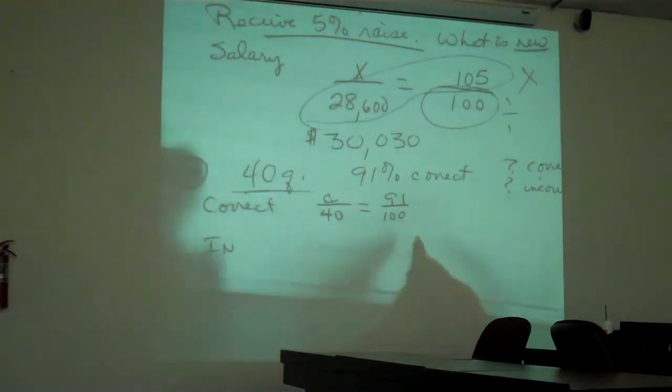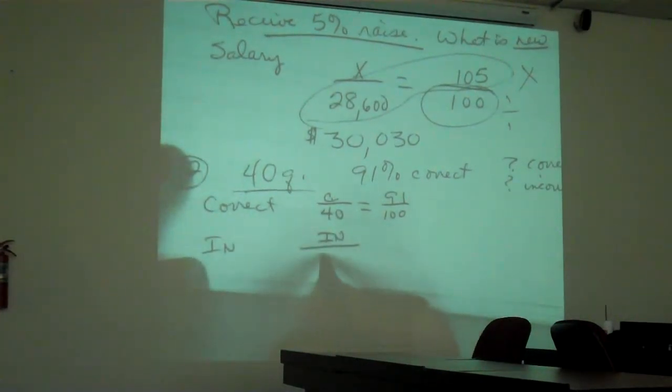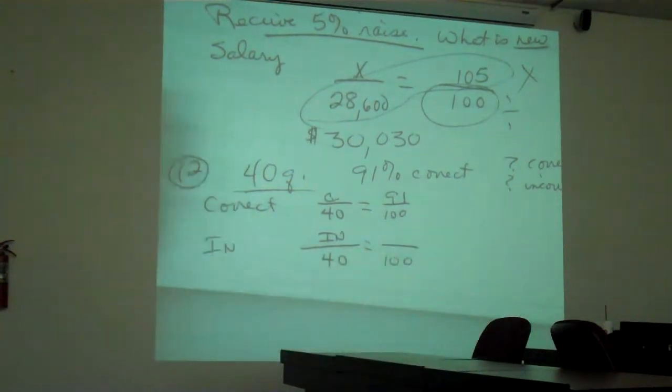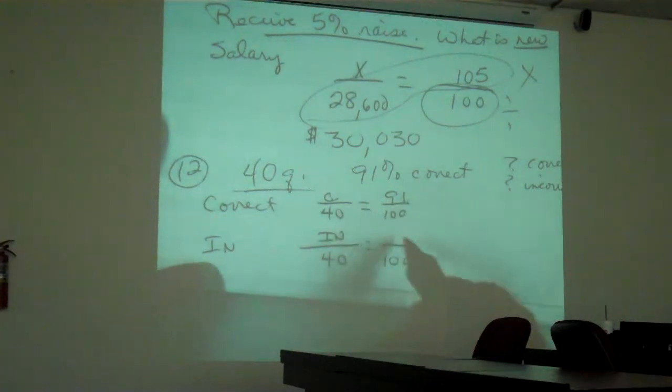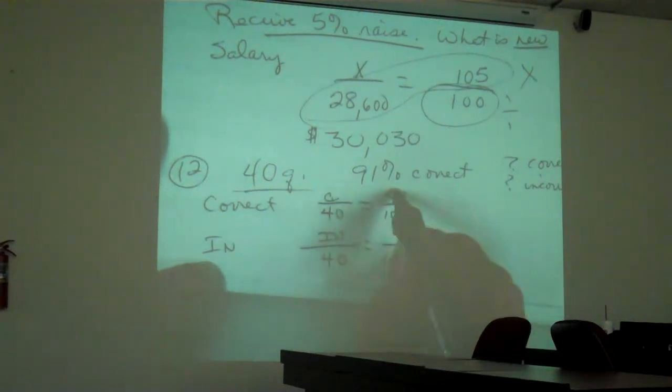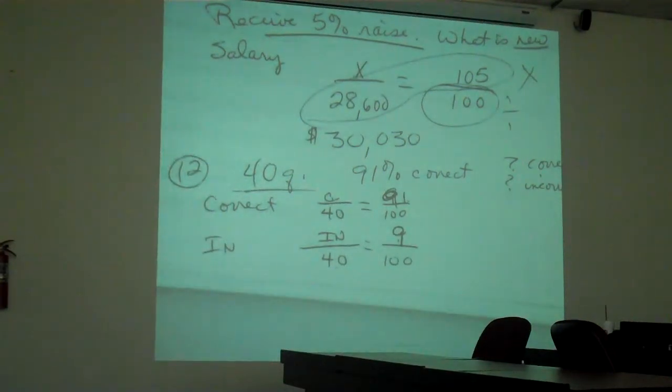The incorrect, you would set it up incorrect out of 40 questions. What's the percentage though? It's not 91. She got 91 correct, how much did she miss? 9%, right? Subtract it from 100%. She got 9% incorrect. So you do 9% of 40 to get the incorrect ones.